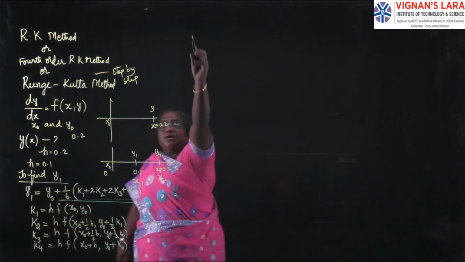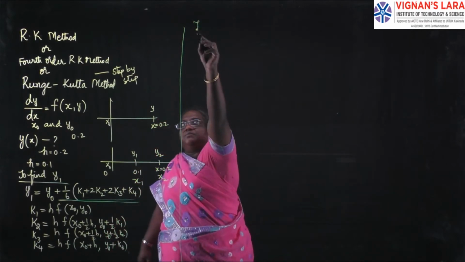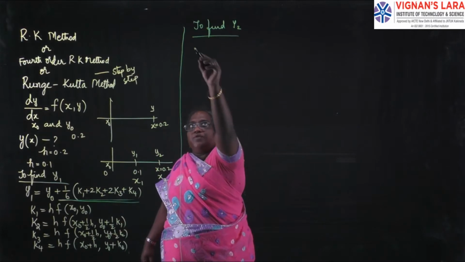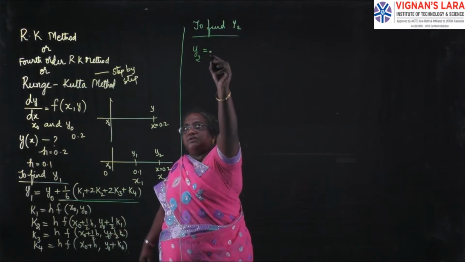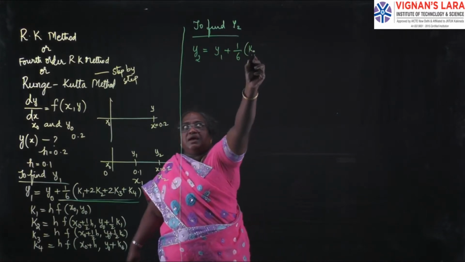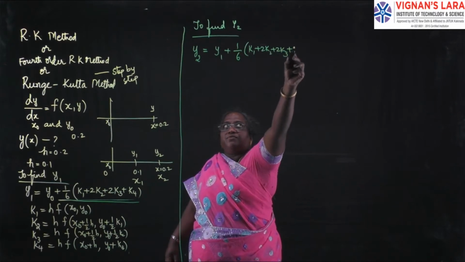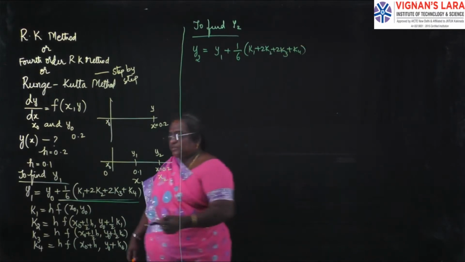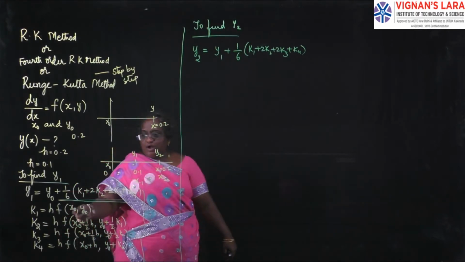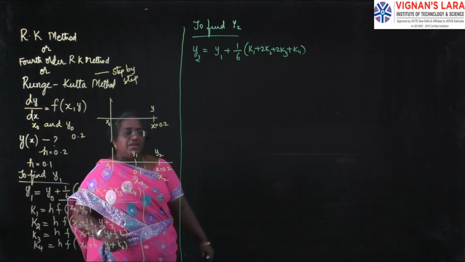Next, to find y2, the formula is y2 is equal to y1 plus 1 by 6 into k1 plus 2k2 plus 2k3 plus k4. Similarly, with the same set of formulae, you have to replace x naught, y naught by x1, y1.